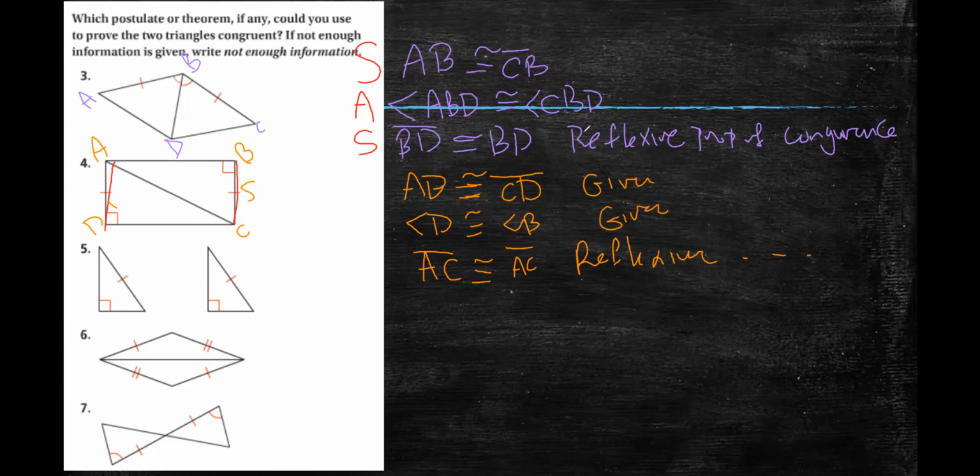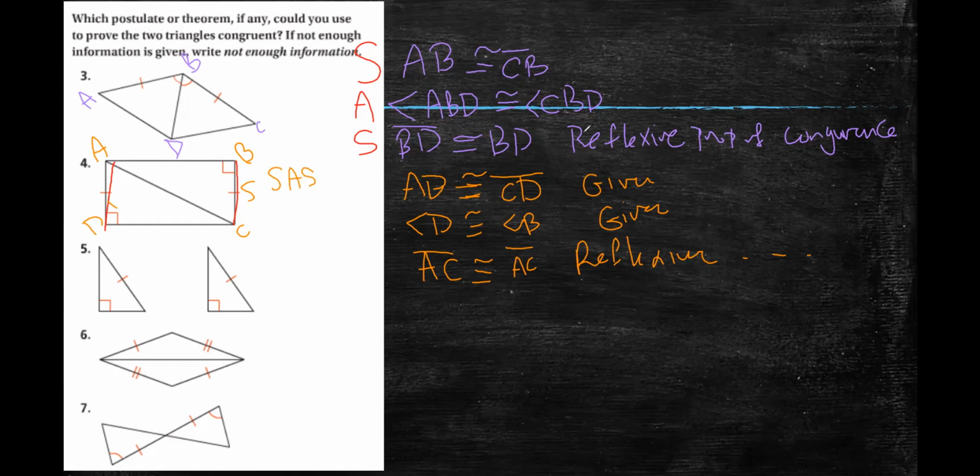Now, here we have side, angle, and side. Let's see here. Side, angle, and another side. We have only angle, side. That means I have two angles and one side out of them. Here I have only one angle with two sides, so I can use SAS because I have two sides.